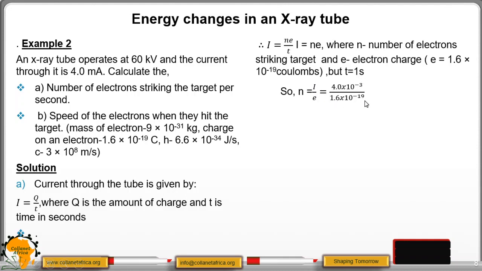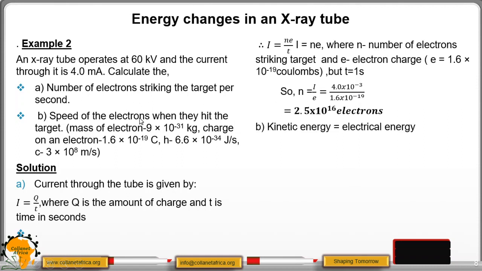So when you put them in your calculator, again, put the bracket, this one, and then you divide, you put this under the bracket, then you divide, you will get that the value will be 2.5 times 10 to the power 16 electrons.